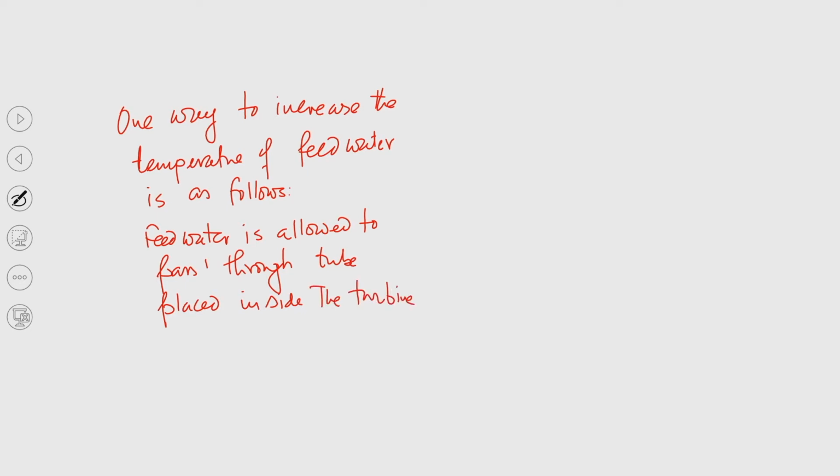So, let me draw the schematic depiction that will help you to understand what I would like to discuss now. Say this is the boiler and then this is the turbine.